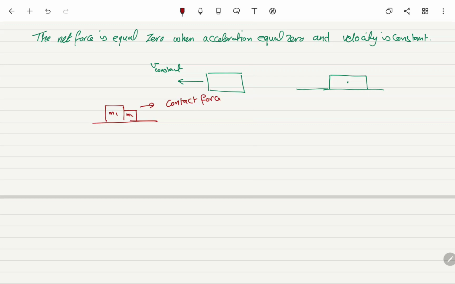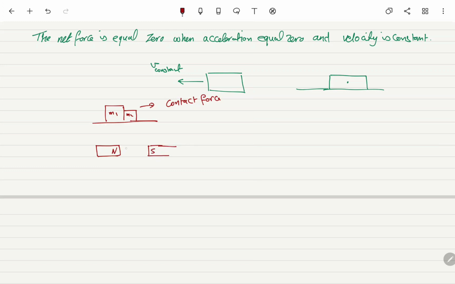The other class of forces is the field force. Example, if we have two magnets here, this is the north and this is the south.